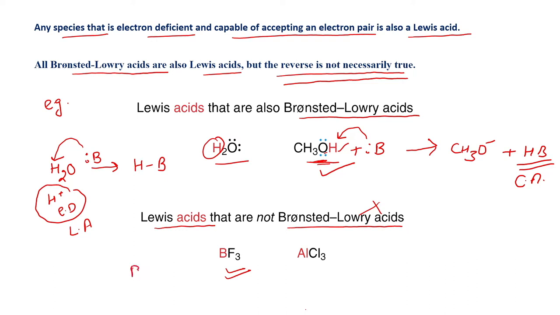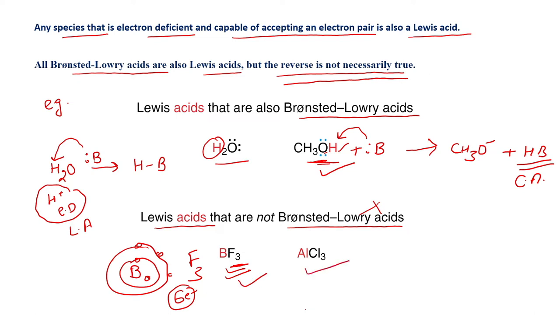We know boron has 3 electrons in its outer shell, and with 3 fluorines now it has 6 electrons in its outer shell. So it needs 2 more electrons to complete its octet. That is why BF3 can accept an electron pair to complete its octet. So BF3 is a Lewis acid.